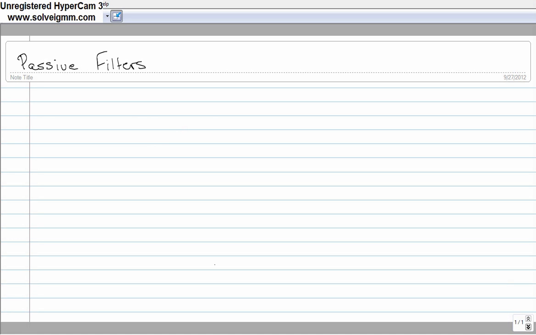A filter is a series of components designed to reduce the amplitude, or attenuate, an unwanted frequency with respect to some cutoff frequency that we'll talk about a little later. Now, in the world of filters, there are two categories, one being passive, what we're going to talk about today, and another being active.